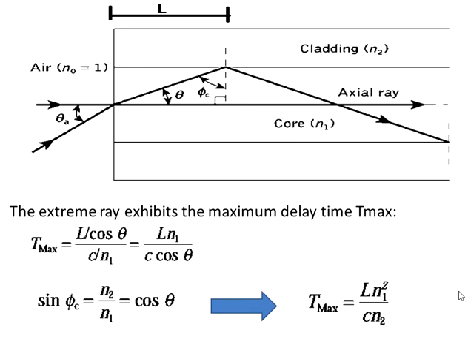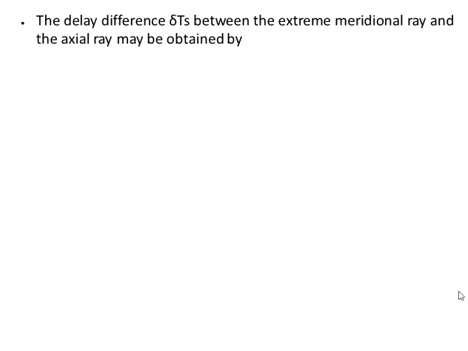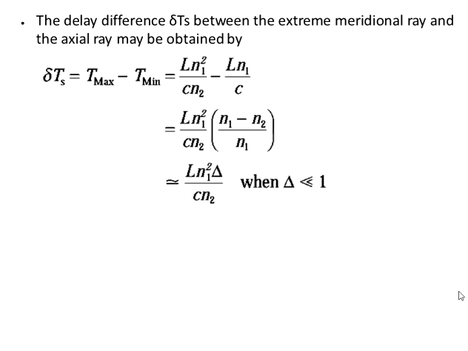Now the width or the delay difference between these two rays is obtained by taking the difference between T max and T min. So we'll get the equation L n1 square divided by c n2, times n1 minus n2 by n1.